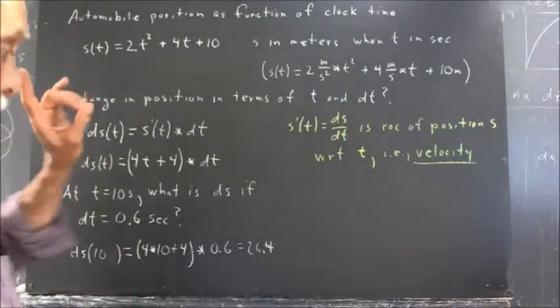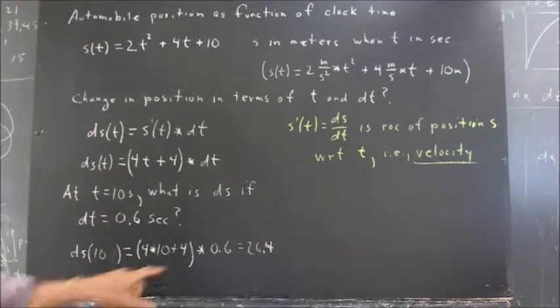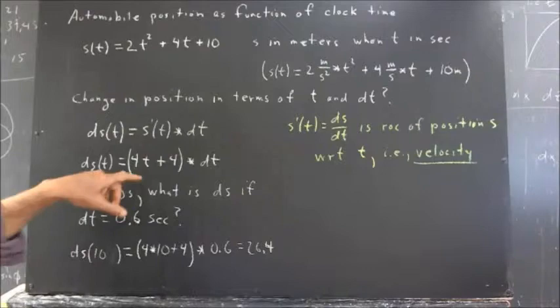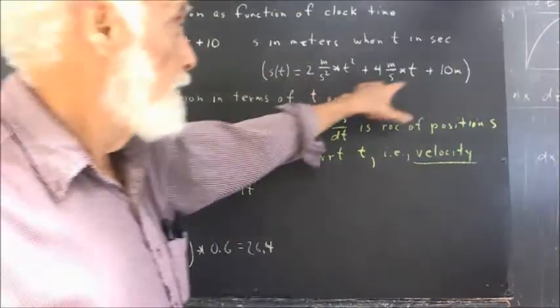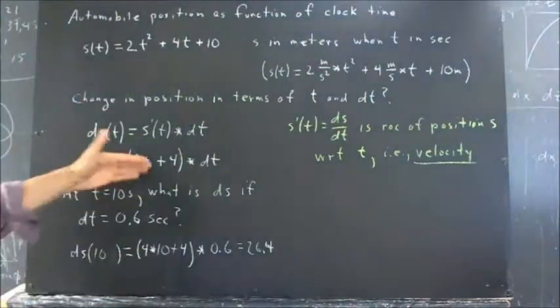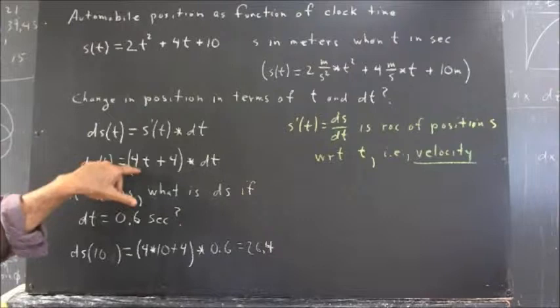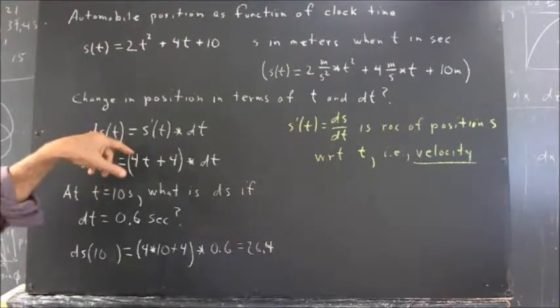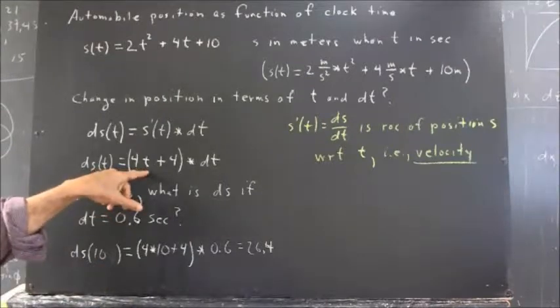We're moving at, in this case, 4t plus 4 came out to be 44, and that would be 44 meters per second. If we keep these units when we do everything, it comes out in meters per second, because this is 4 meters per second squared, coming from the coefficient here, multiplied by t in seconds.